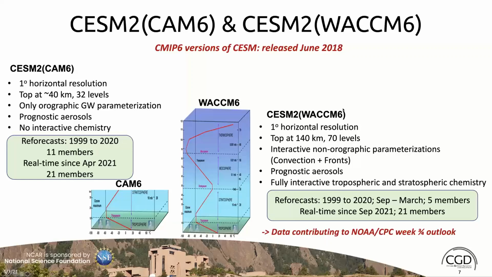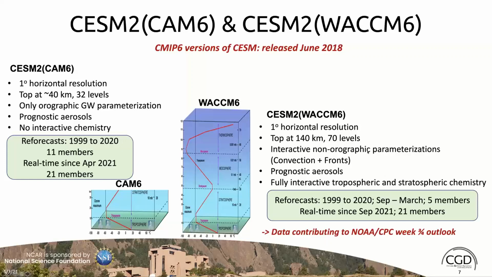Now CSM2 WACCM6 is the most complex model that we have. It has a top at 140 kilometers, 70 levels. It has non-orographic gravity waves from convection and fronts, and it has fully interactive tropospheric and stratospheric chemistry, which means that the cost of CSM2 WACCM compared to CAM is 8 times more. For this reason, we are only able to run a 5-member ensemble for reforecasts, and we could only run start dates between September and March.